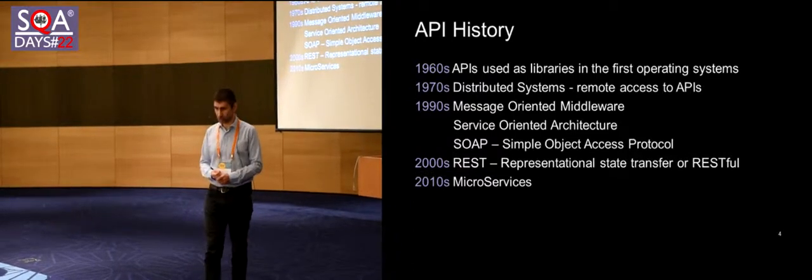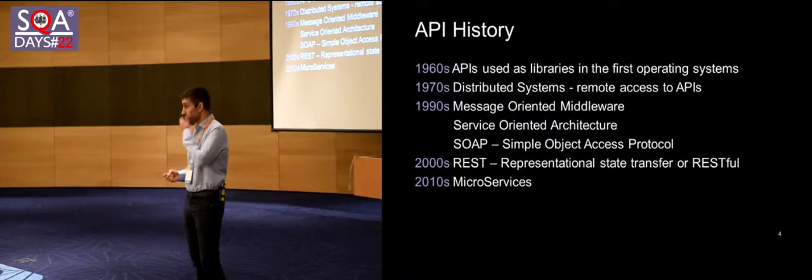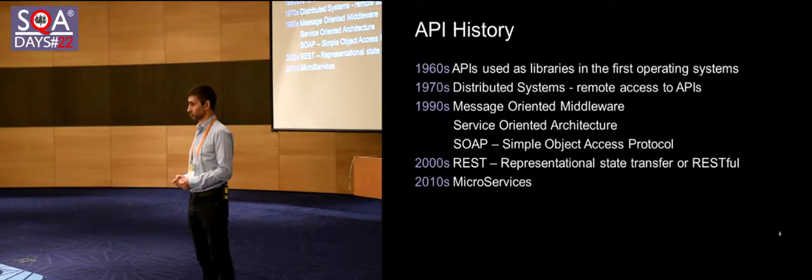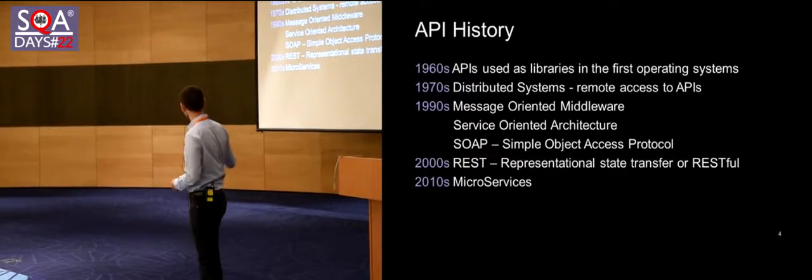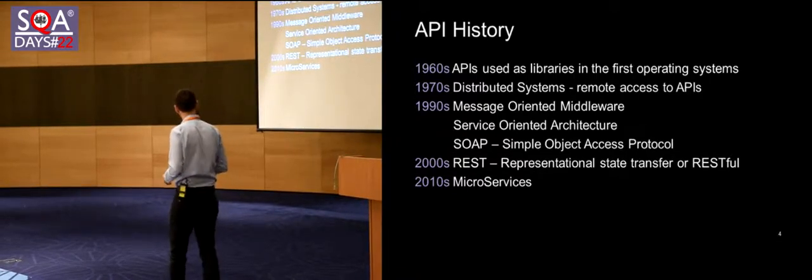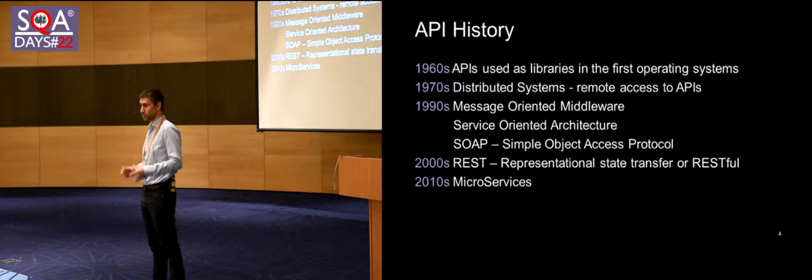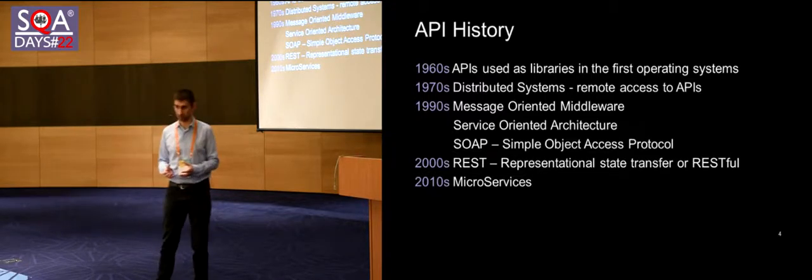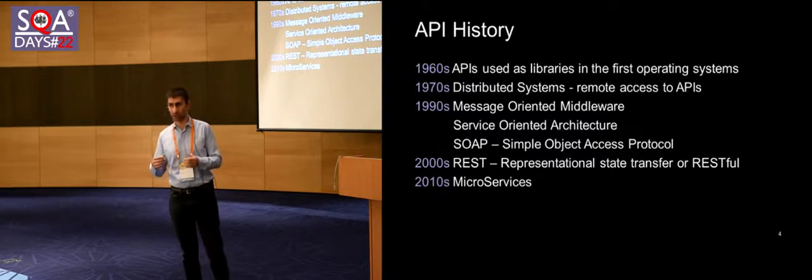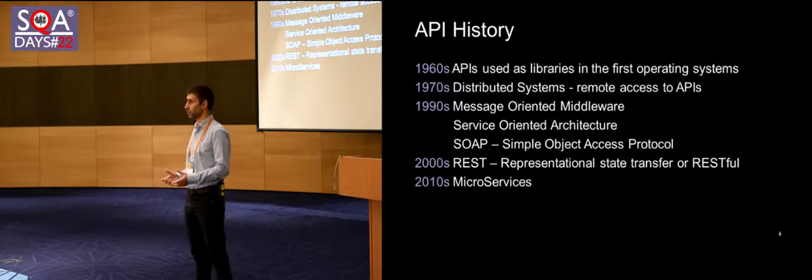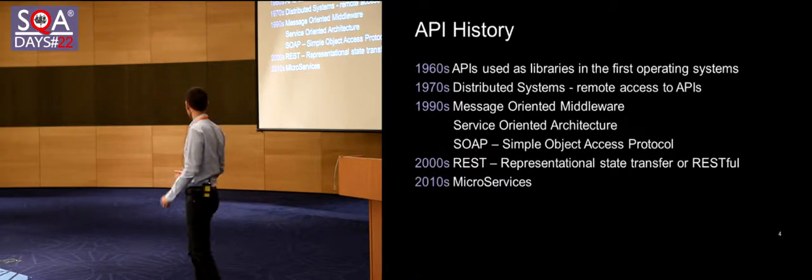But most interesting is that in the 2000s, we started to talk about REST, representational state transfer. It means that we are able to exchange objects from one side to the other, but without keeping the state. So it was a much simpler, faster and lighter approach than SOAP. We could do basically the same, but in a simpler and faster way.